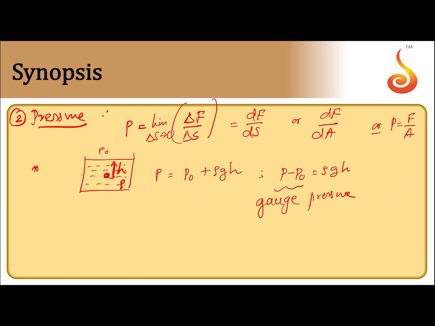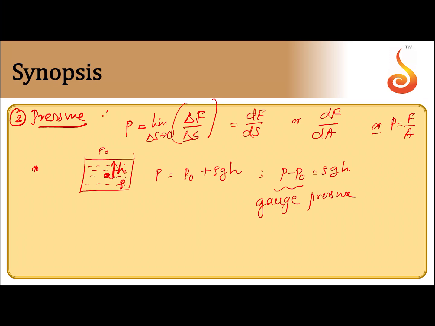Remember, even though the pressure is produced by a force that has directional properties and is a vector, the pressure itself is a scalar. There is no question of direction associated with pressure. It is unique and there is no question of specification of that one. And remember, this pressure acts equally in all the possible directions.